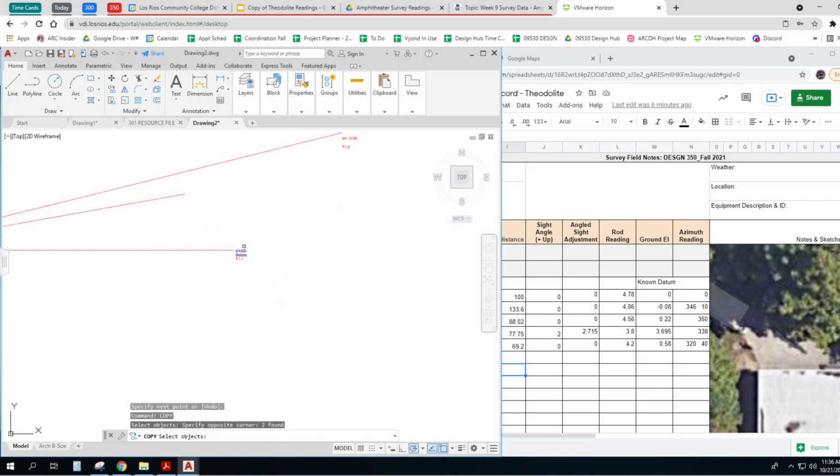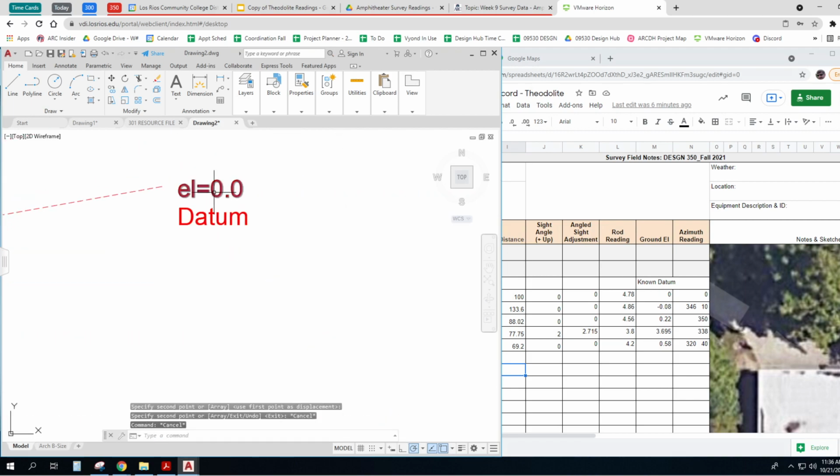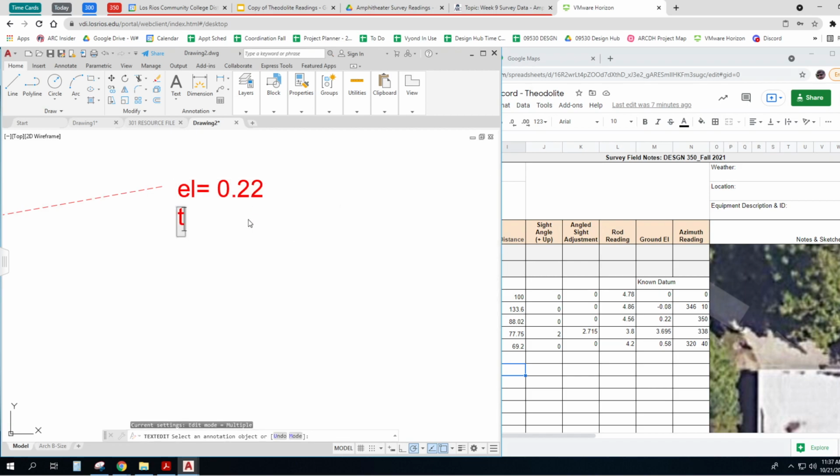And that's actually making sense to me. I'll show you why in a little bit. And that's at an elevation of 0.22. And that one is T1.3.